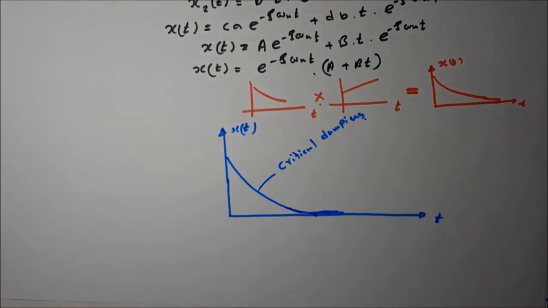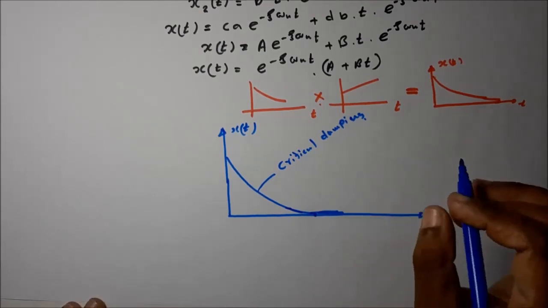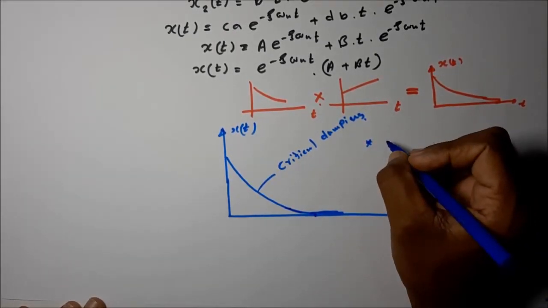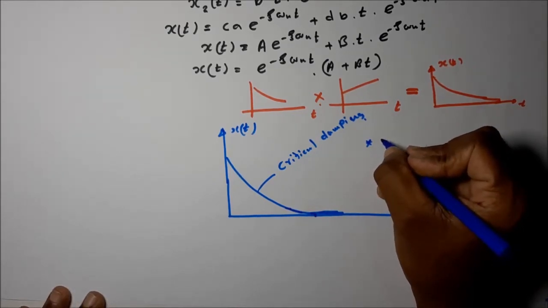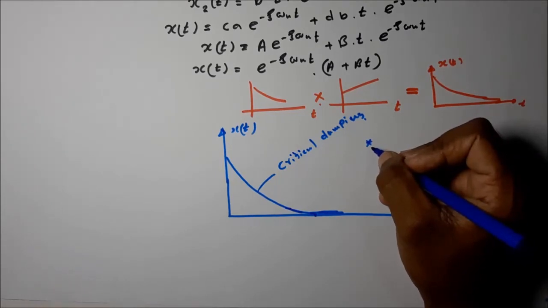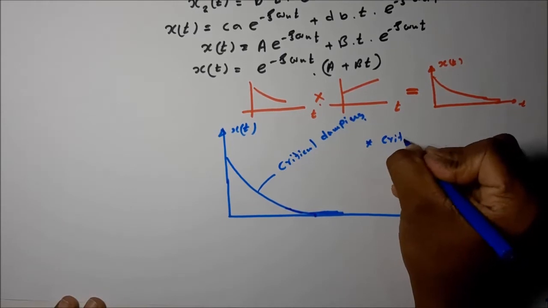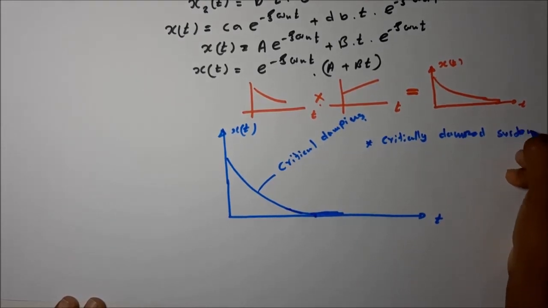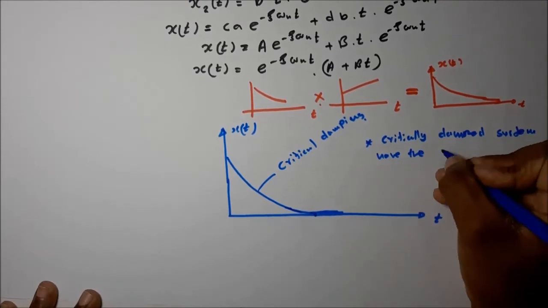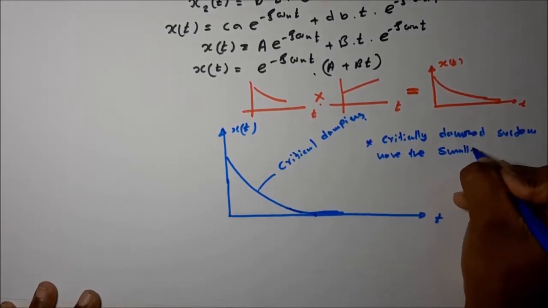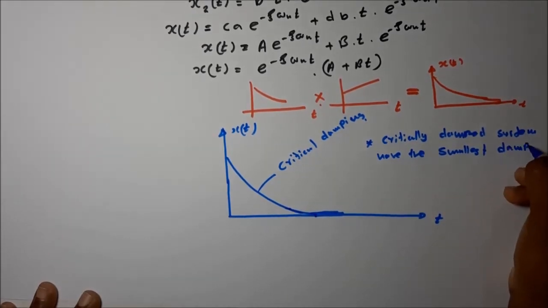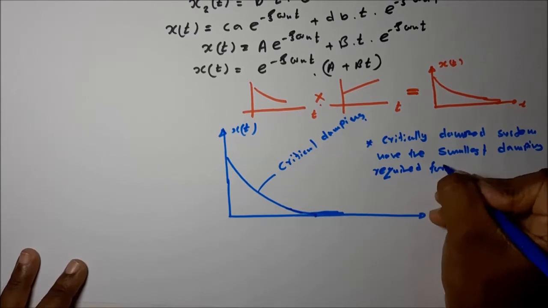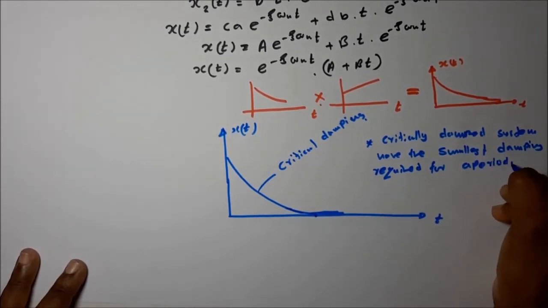Why is it called critical damping? A critically damped system has the smallest damping required for aperiodic motion.